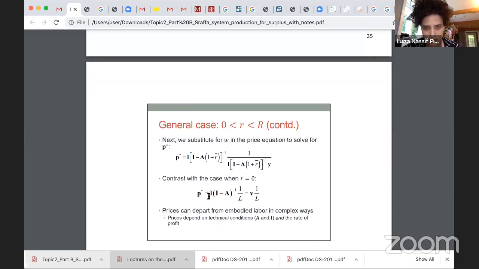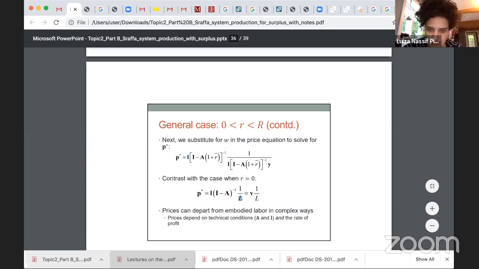And here, this is the labor embodied again. I think you need to multiply. This is what this is telling me. Sorry, I think this solves the problem.